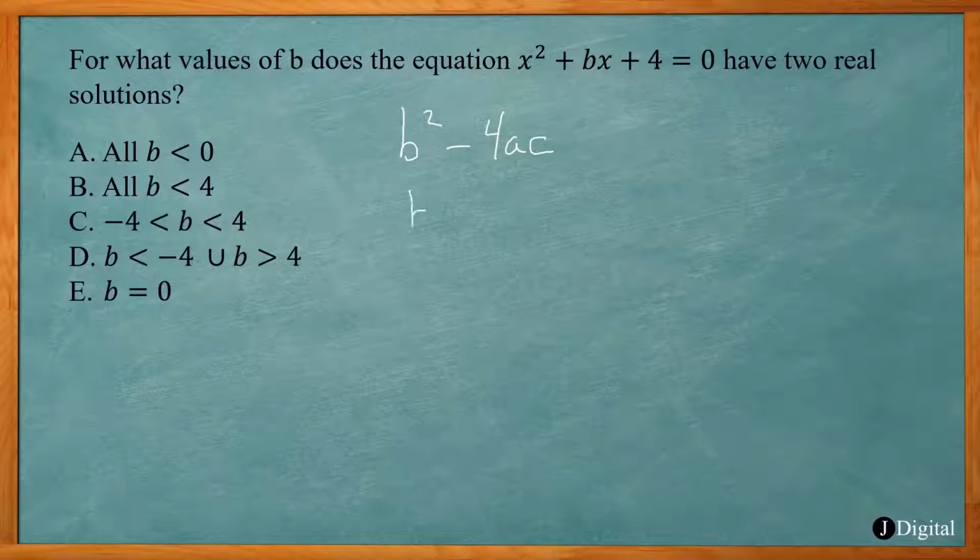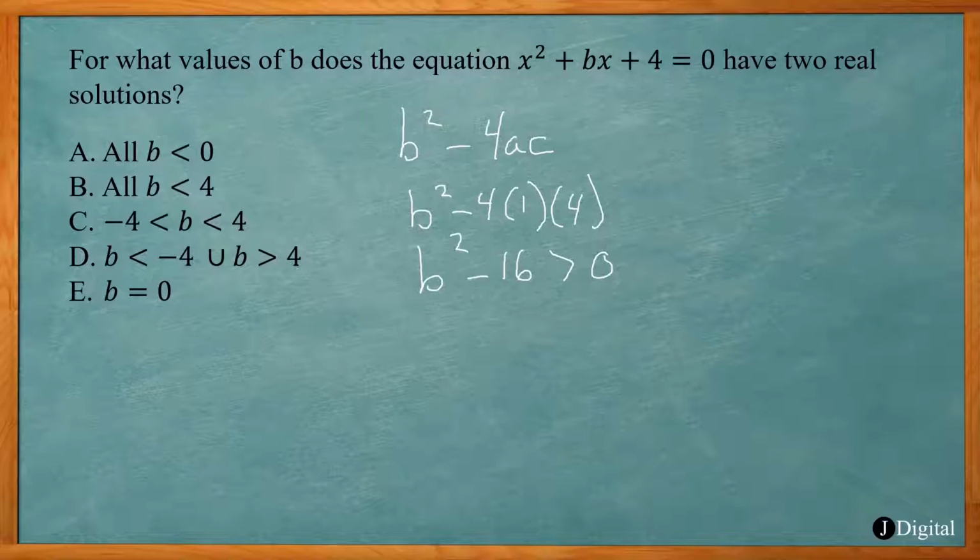Here our a is 1, and our c is 4, which gives us b squared minus 16. And to have two real roots, the discriminant needs to be greater than 0.